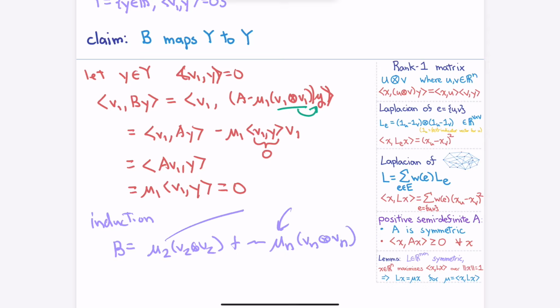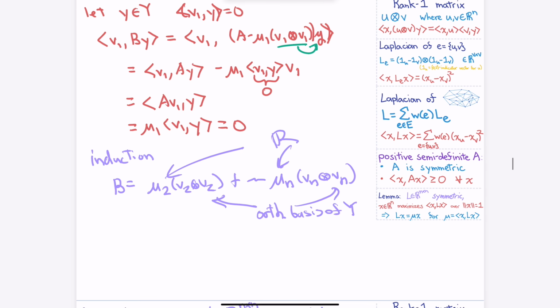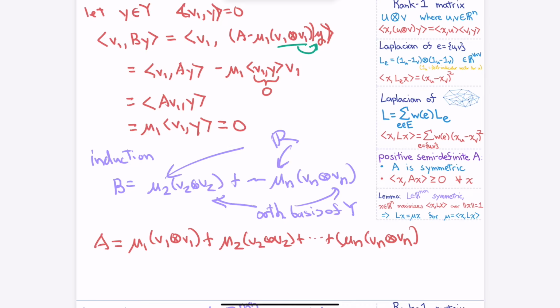All of these mu are real valued, and all of these v are an orthonormal basis of Y. So now we can write A where I add on, in my great handwriting, I just append this. Okay, something like that. And I think they're all real valued like before.